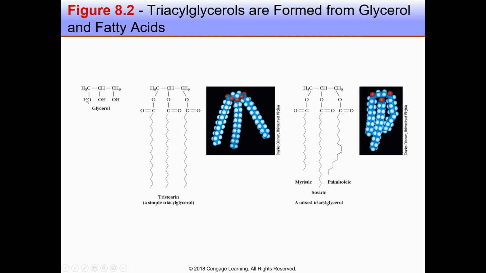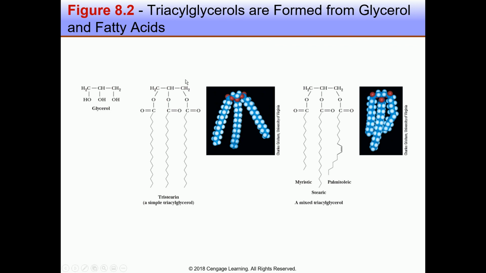This is the structure of a glycerol. And at every hydroxyl group is attached a fatty acid, which we just talked about. So this total makes a triglyceride or a triacylglycerol, or we can also call it a fat molecule.